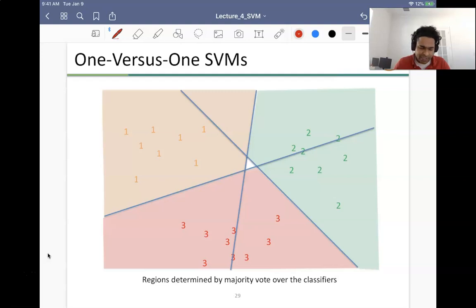Just for completeness, you can see that you get a plot something like this. This classifier over here is 1 versus 3, and this one is 3 versus 2, so this region is 3 versus 2. This is 1 versus 3, and this over here is 1 versus 2.